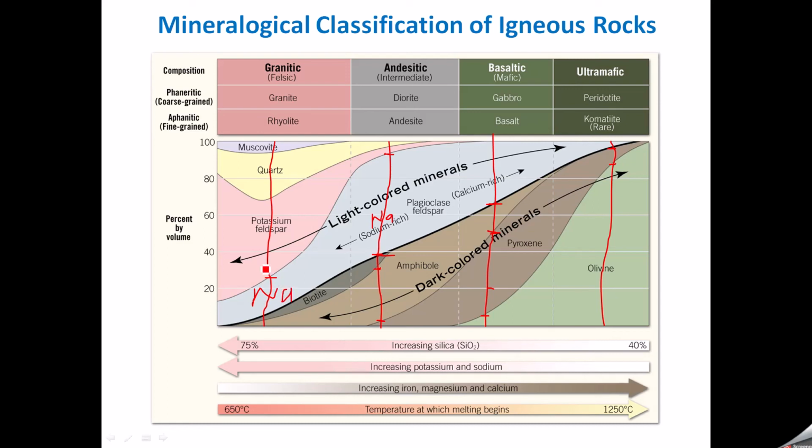plagioclase, and almost 40% potassium-rich feldspar, and 30% quartz, and let's say 10% muscovite approximately.